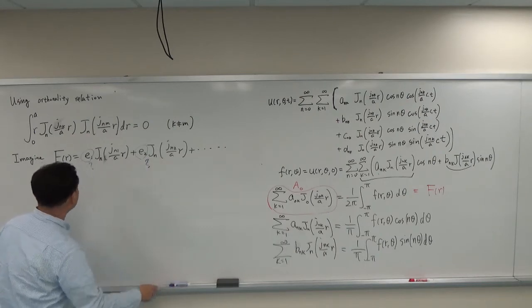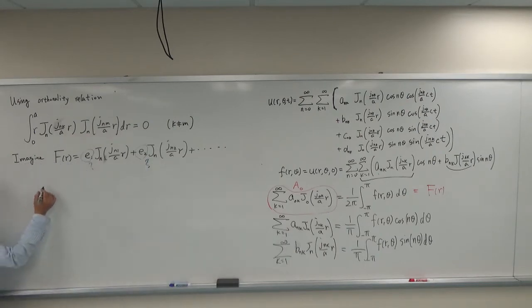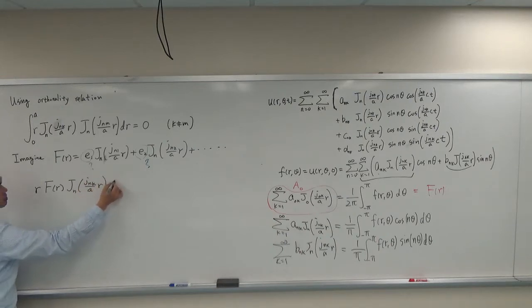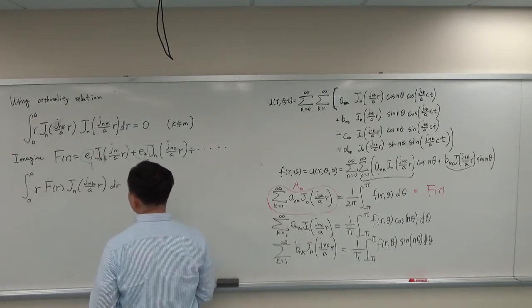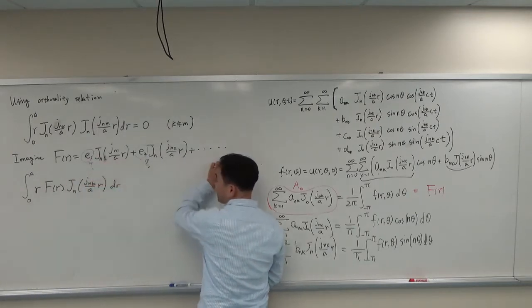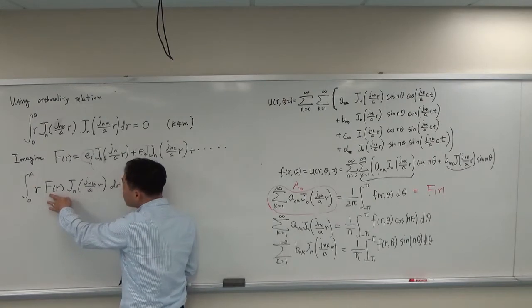So the way we do it is, we take Fr, multiply by r, and also J_N of k over a r, dr from 0 to a. Then if I plug this entire thing in here, what's going to happen?